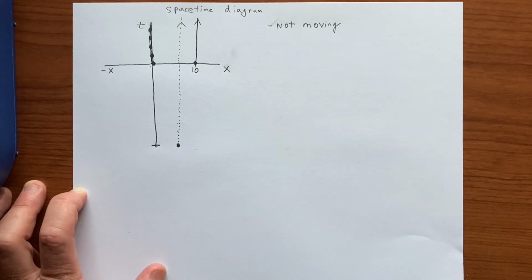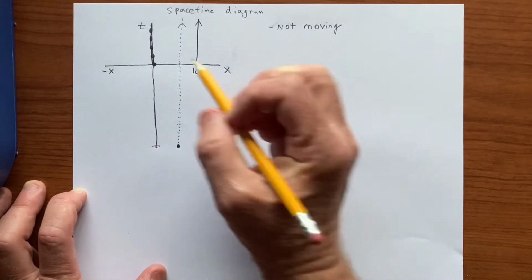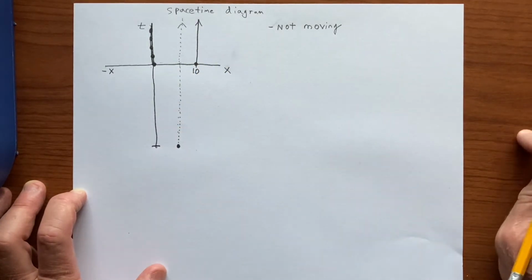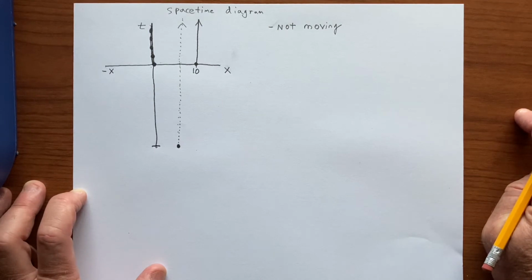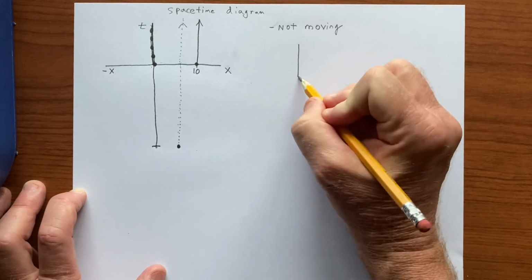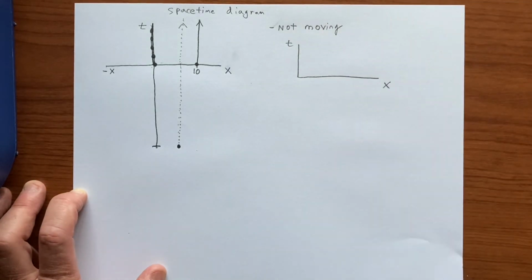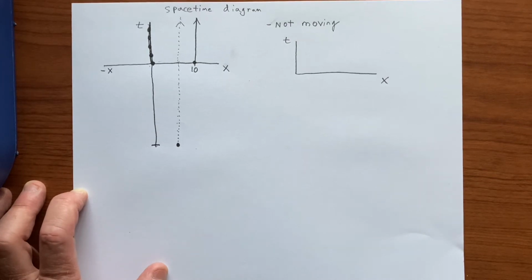So let's consider a more interesting path through space-time. Let's say I want to move to the right, but at a constant speed. So here is x and here is t, and I want to move at constant speed.